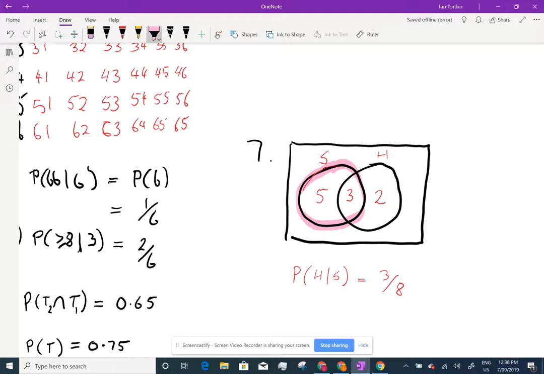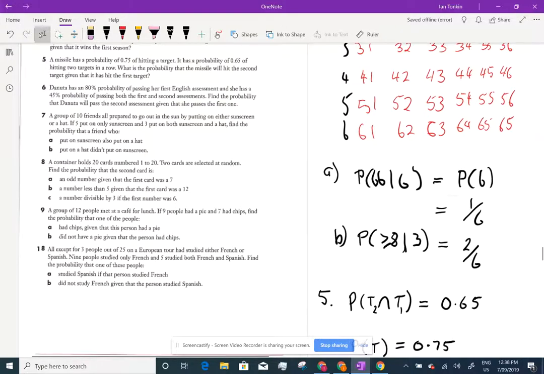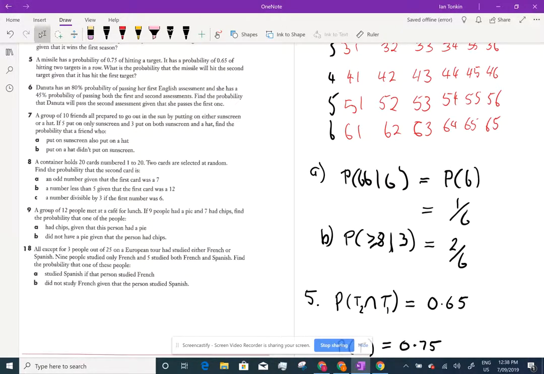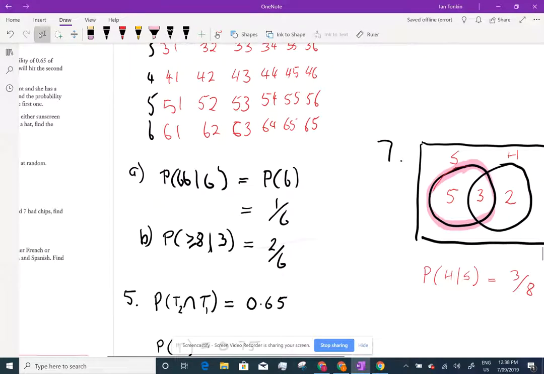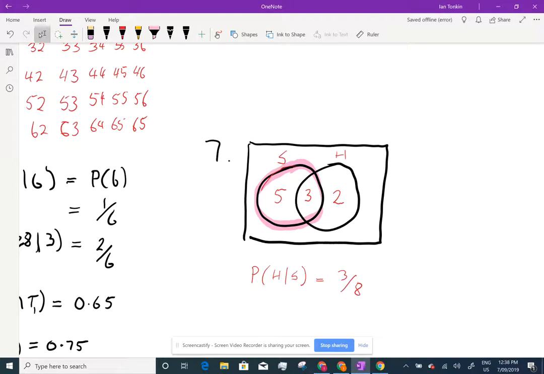Let's now have a look at 7b. Given a friend who put on a hat, what's the probability they didn't put on sunscreen?